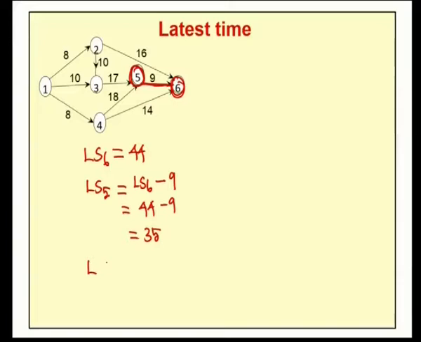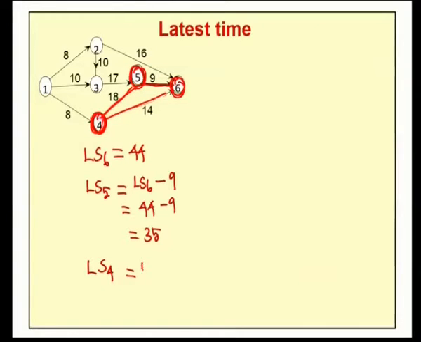Next we have to compute the latest starting time for node 4, LS4. If we consider node 4, the outgoing activities are activity 4 to 5 and activity 4 to 6.